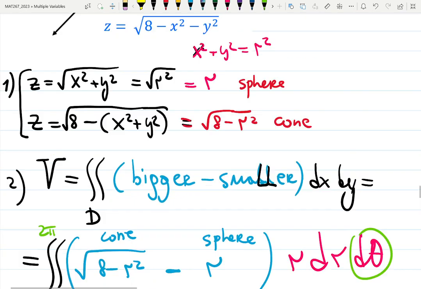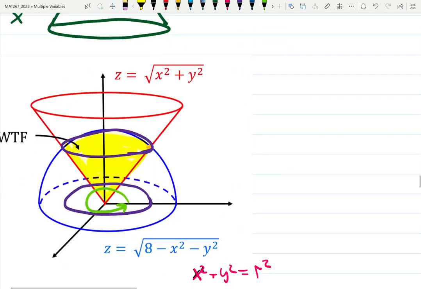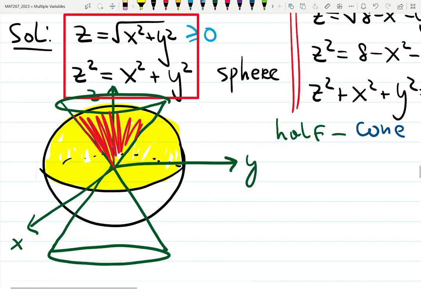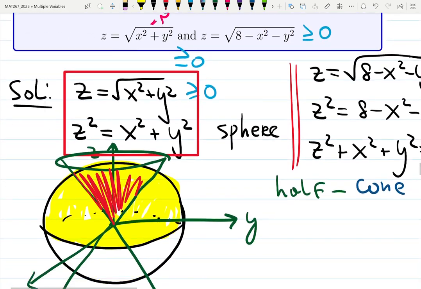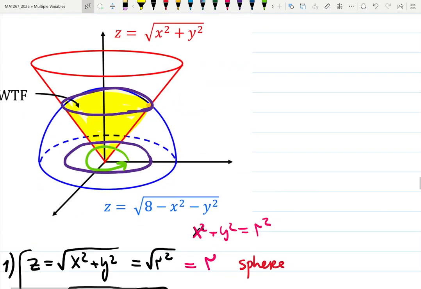r is measured from something to something. Let's see. We need to find it as an intersection, actually, so it's not that obvious how to find r. You have to set them equal to each other and solve. So you have z equals and z equals.